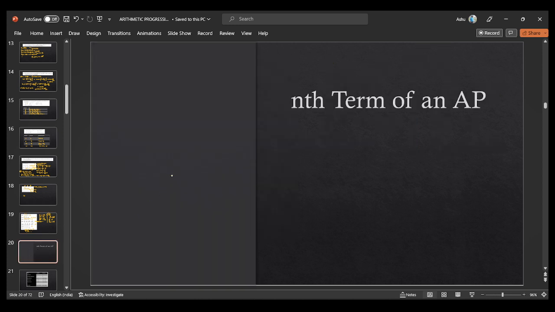Here we will find out the nth term of an AP. If you observe, we write the number a, then a plus d, then a plus 2d, a plus 3d. This is a1, this is a2, this is a3, this is a4, and so on.